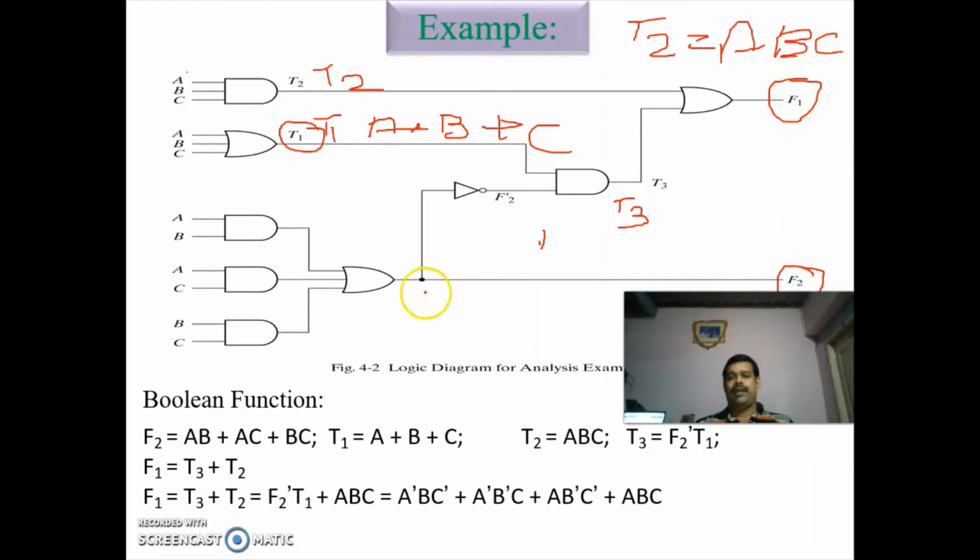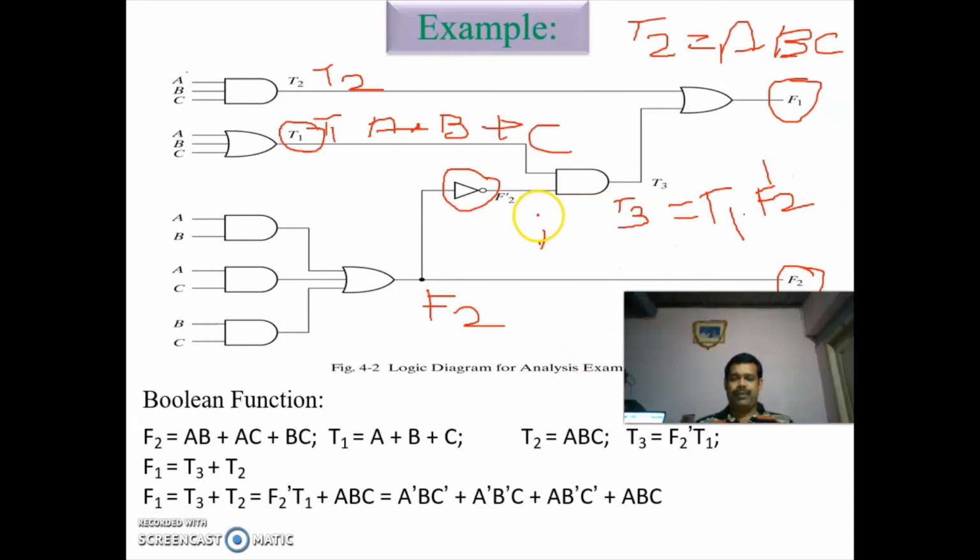So output of this T3 is nothing but, before this T3 you are having one NOT gate. So here you are having F2. So here will be the F2 you are inverting. So it is nothing but F2 dash. So T3 is nothing but T1 into F2 dash.